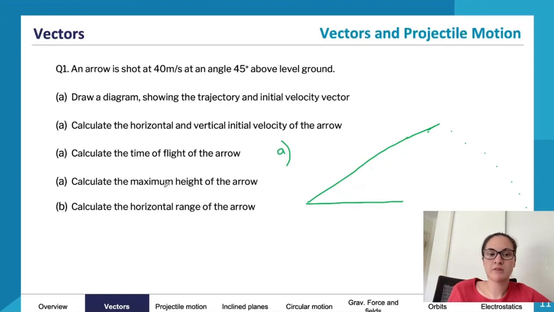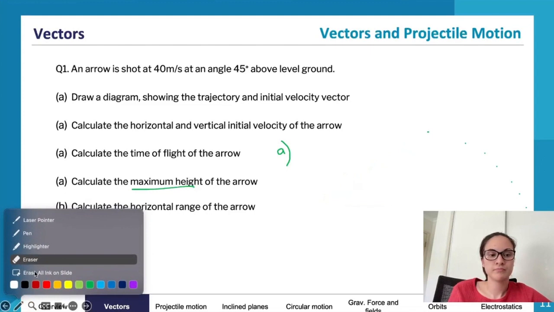Yeah, because down here we start talking about maximum height. Actually, I might just redraw that because I'm not too happy with that little drawing. Might just clear the whole page. Cool. Alright.